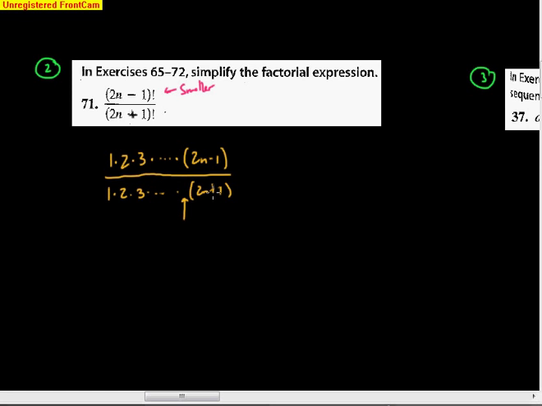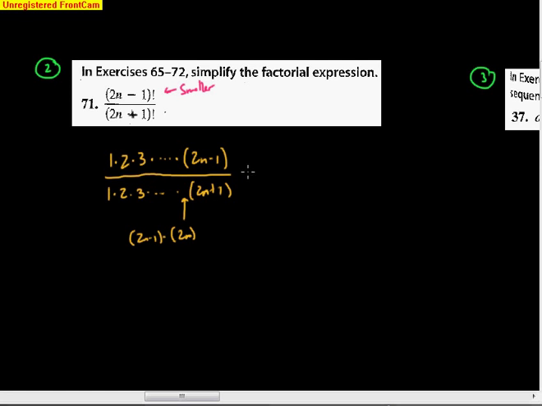Well, if I'm looking for the term right before, subtract 1 from the forward term. So to get the previous term to 2n plus 1, subtract 1, you get 2n. And to get the previous term to 2n, subtract 1, you get 2n minus 1. And these are the two previous terms before the final number, 2n plus 1.